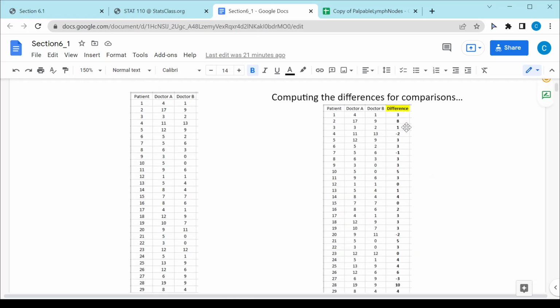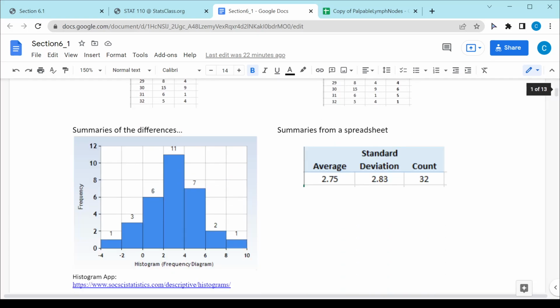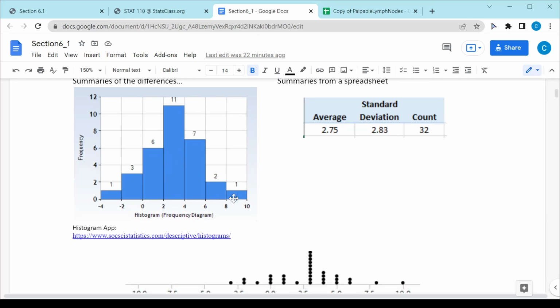So the fact that the average is 2.75 and the standard deviation is 2.82 tells me that these differences tend not to be very consistent. They tend to deviate quite a bit from each other. And there are 32 differences there. This here is just a histogram of the results. We'll talk more about that later.